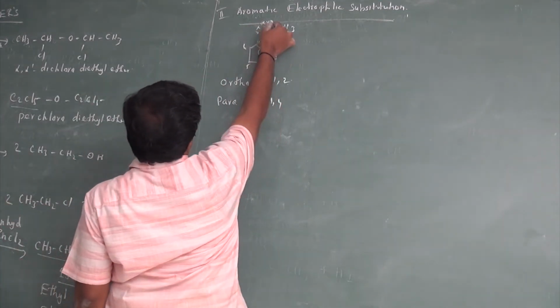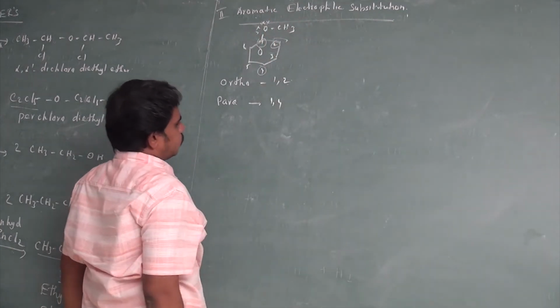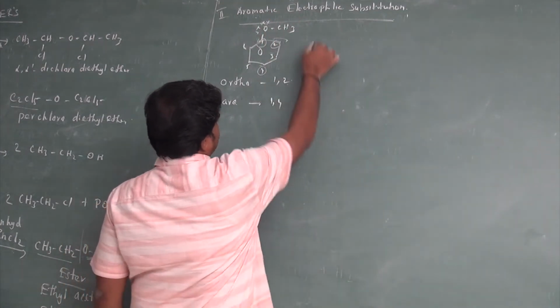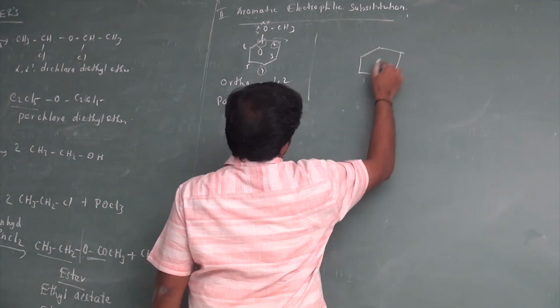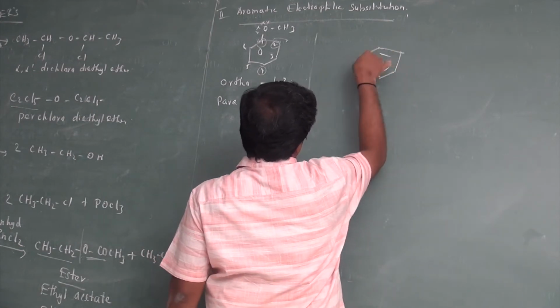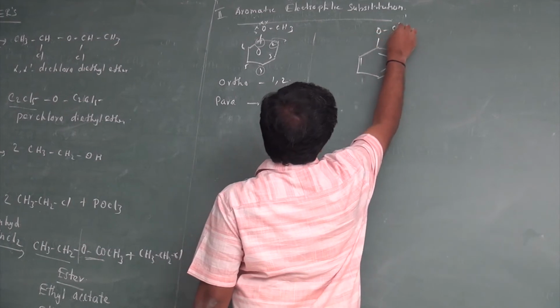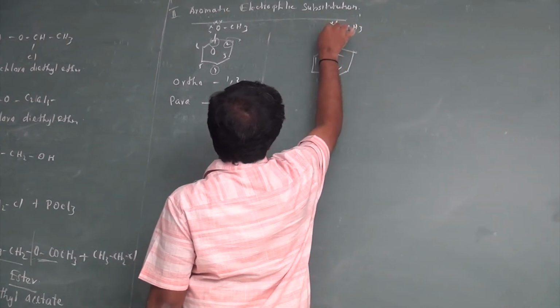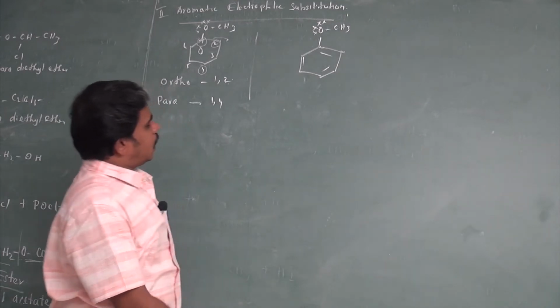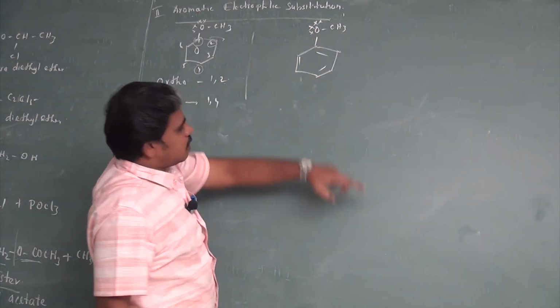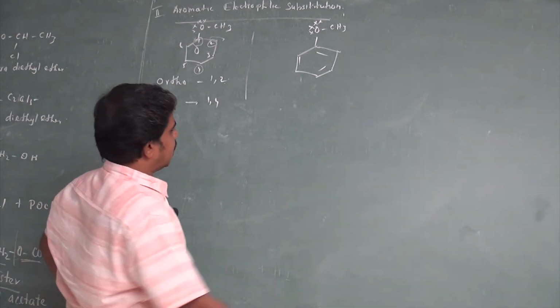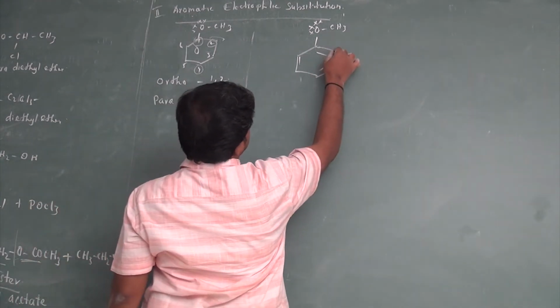Now here this is an activating group. So what is that activating group? Listen, if you take a benzene nucleus, here the bond and OCH3, and there will be a lone pair. Now what will happen here? The lone pair will move onto the benzene nucleus, so that a negative charge will be created here.